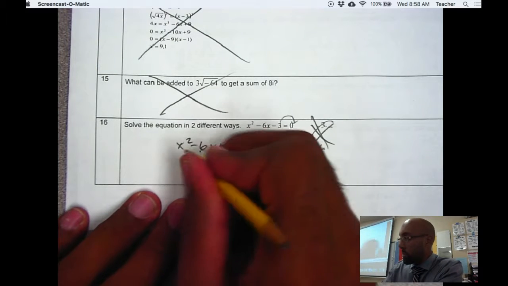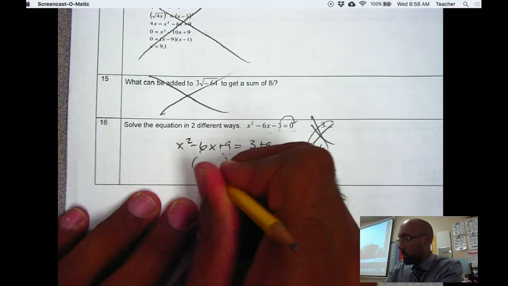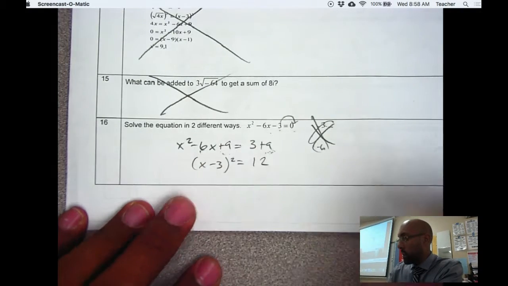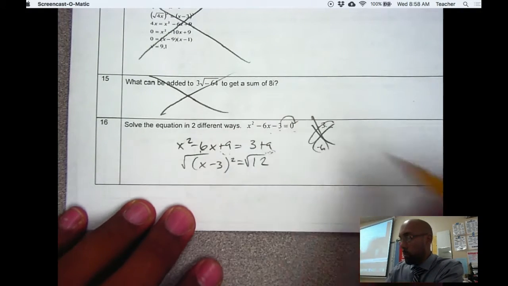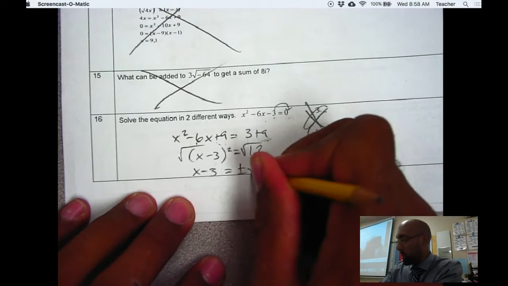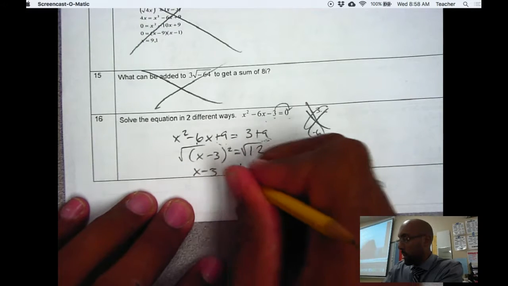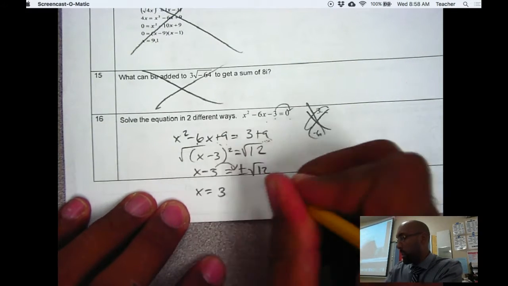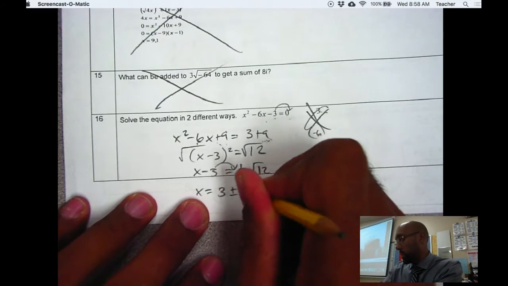Now, factor this. This would be x minus 3 squared, and then 12 over here. Square root both sides: x minus 3 equals plus and minus square root of 12. Then I'm going to move the 3 back over to this side. That becomes positive 3 plus or minus square root of 12.